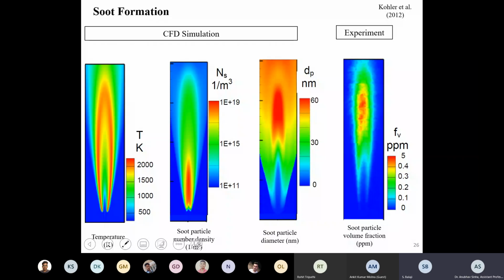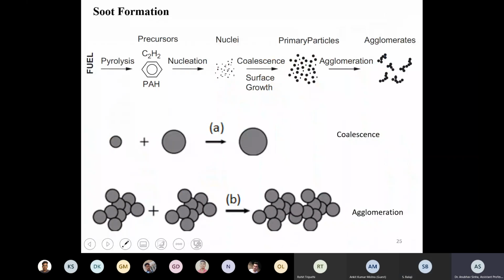Okay, let us look at this slide again. Let us say we have a nucleus. Let us say I have 10 small particles that combine to form one big chain. If I talk about number, I will say one big chain. Here I will say 10 or 1000 small particles.